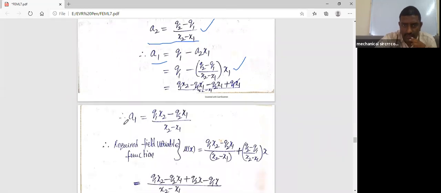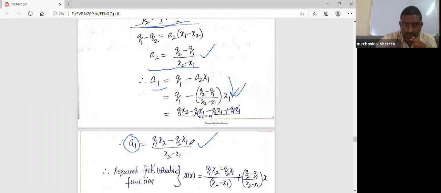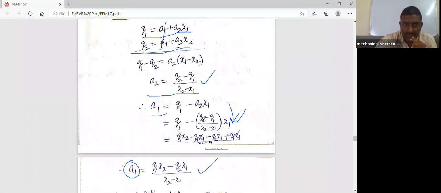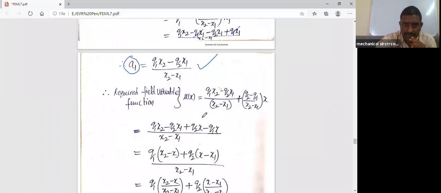After simplification, a1 is equal to q1 x2 minus q2 x1 by x2 minus x1. Now substitute the coefficients a1 and a2 in the displacement function u of x. That is our required solution.